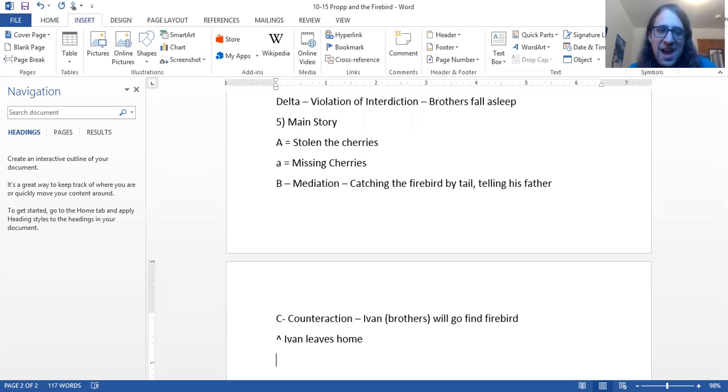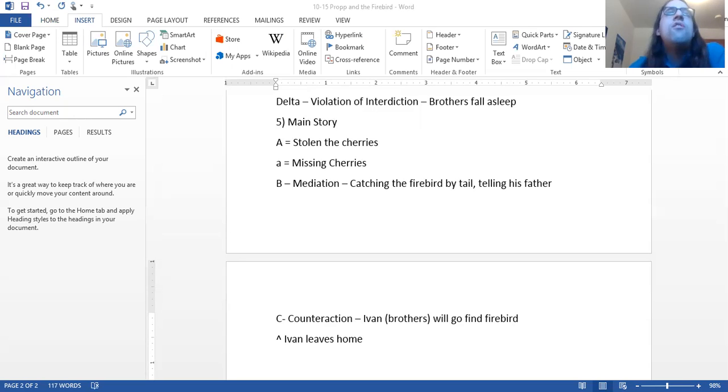Okay, so now we're going to get into the real meat of the story. There's this sign, which is kind of a warning to Ivan. It says that if you go in this direction, your horse will be killed, but if you go in this direction, you'll be killed. So Ivan goes with the one where the horse is going to be killed.